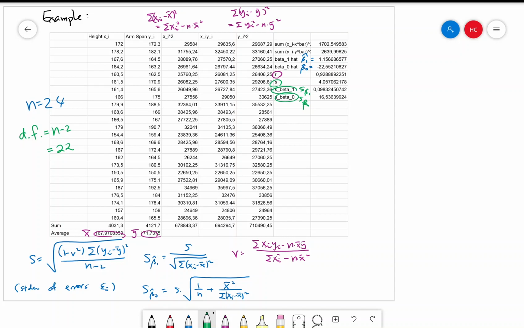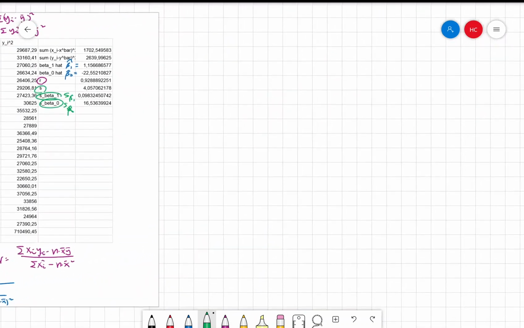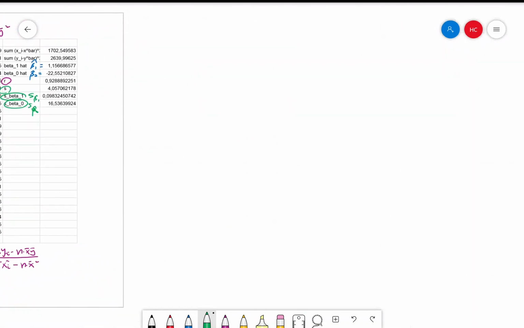Knowing all these, we can calculate the confidence intervals for beta 1 and beta 0. Let's first calculate the 95% confidence interval for beta 1 and for beta 0.